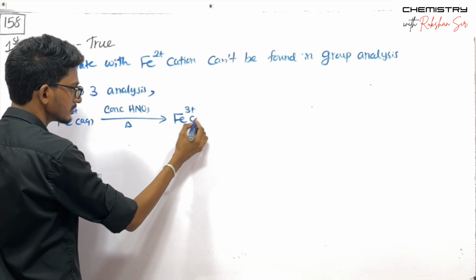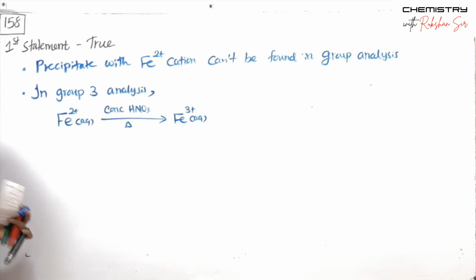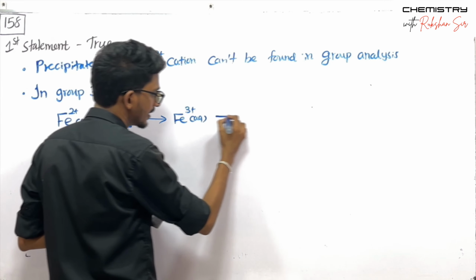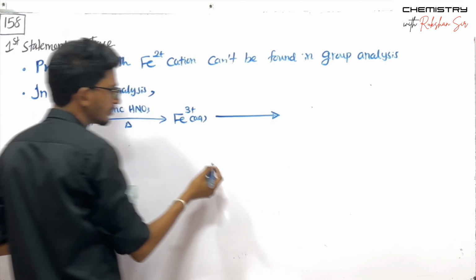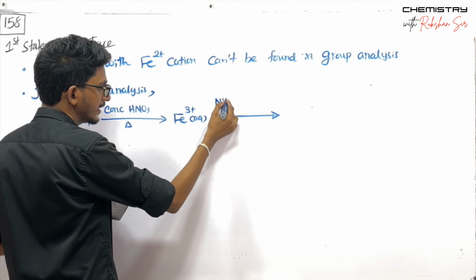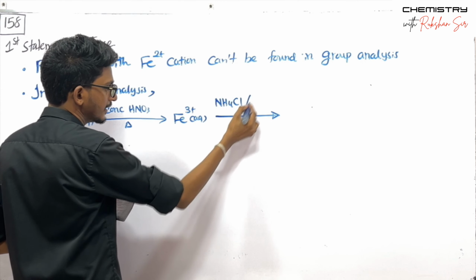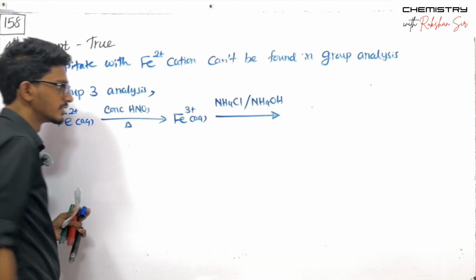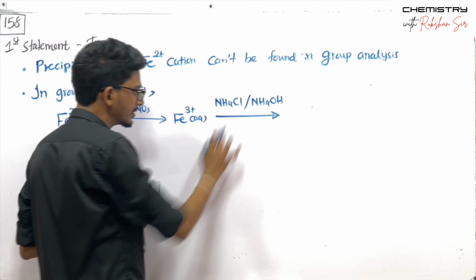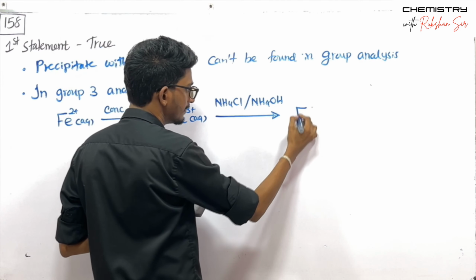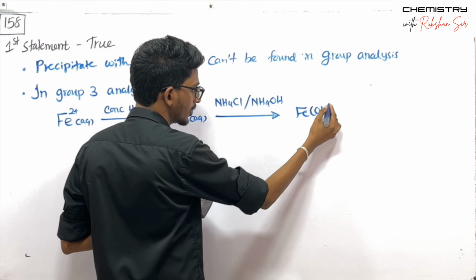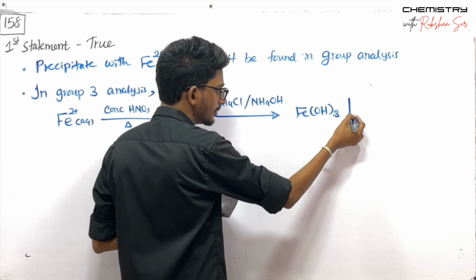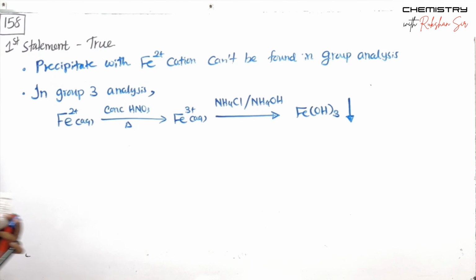Then it gets precipitated with the addition of NH4Cl in the presence of NH4OH. Fe(OH)3 is a low KSP hydroxide, so it gets precipitated.